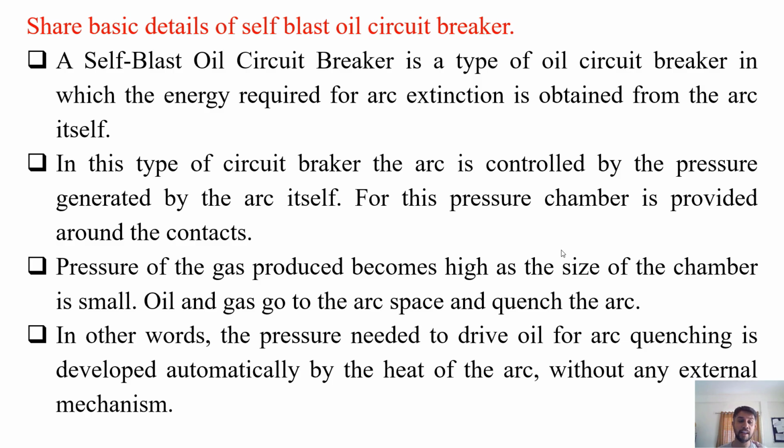Pressure of the gas produced becomes very high as the size of the chamber is very small. Oil and gas go to the arc space and quench the arc. In other words, the pressure needed to drive oil for quenching the arc is developed automatically by the heat of the arc without any external mechanism, and hence it is termed as self-blast oil circuit breaker.